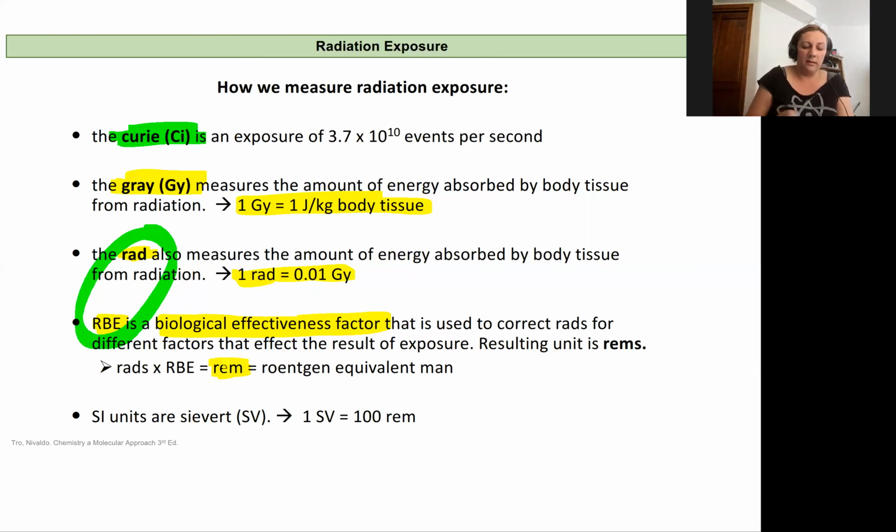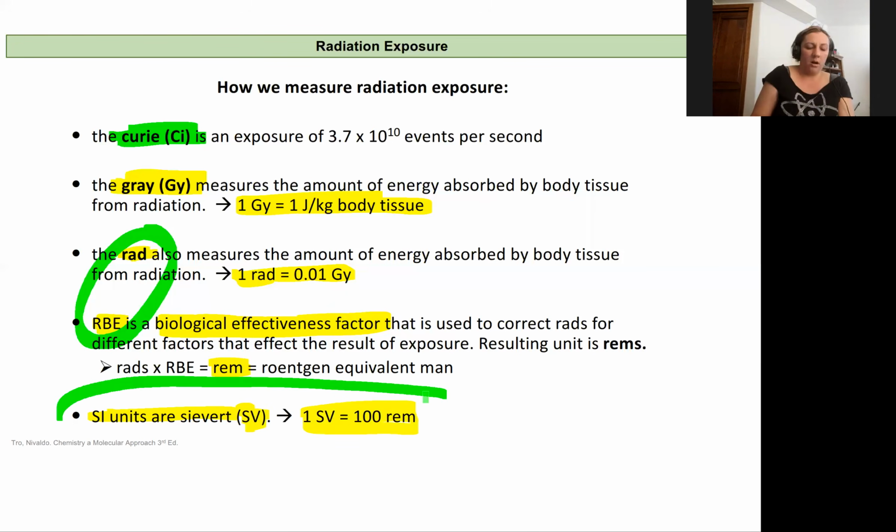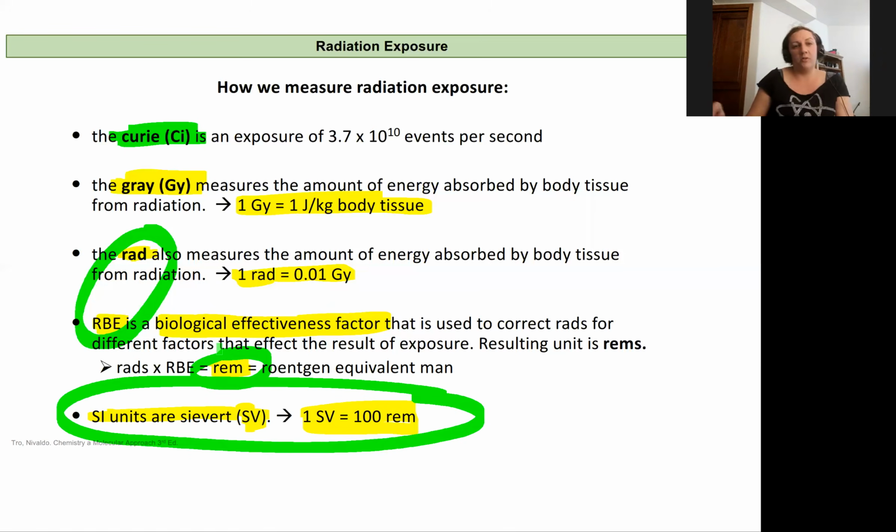That isn't something that we'll cover in this class because it's outside my field of expertise. So those are a bunch of different ones. Now, the SI units for radiation are sieverts, SV, which is equal to 100 rem. These are our primary units that we're going to use, rem or sieverts, when we talk about radiation exposure.